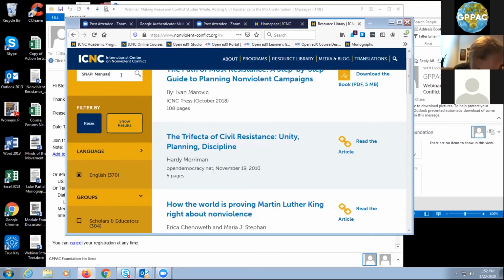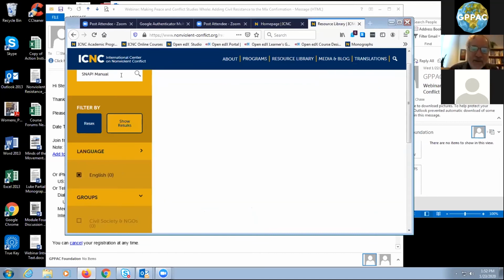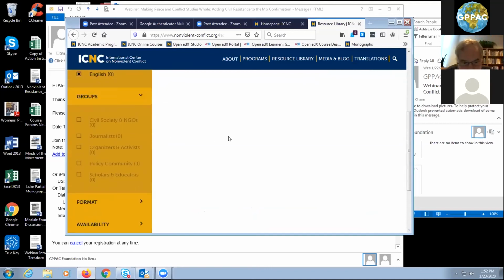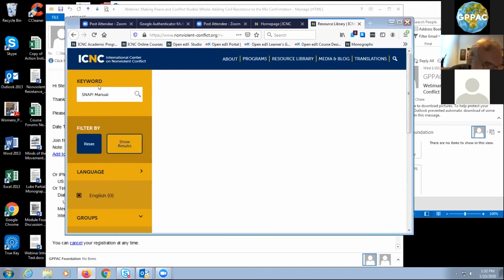It includes theoretical commentary, but it also includes exercises that you could use with your students to help think through the integration of both civil resistance and peacebuilding, because I mostly focused on what's often missing. And it doesn't look like anything came up, which is too bad. I'm sure it's in there.